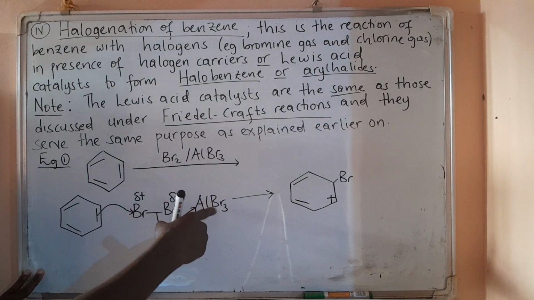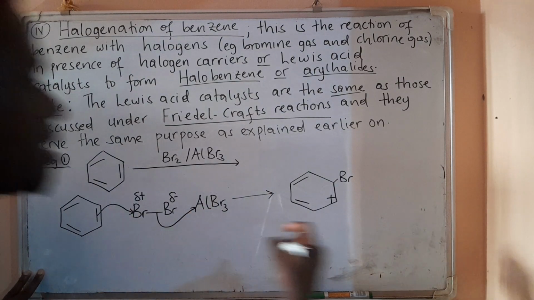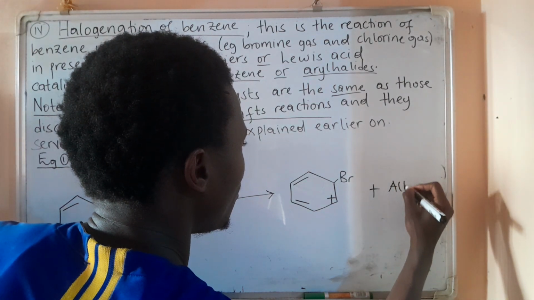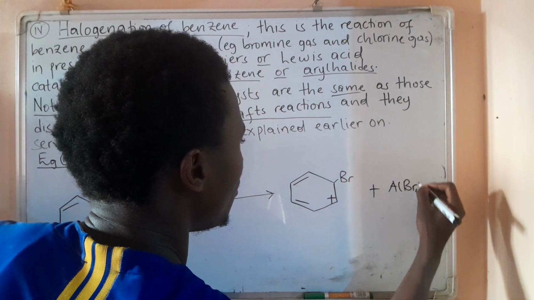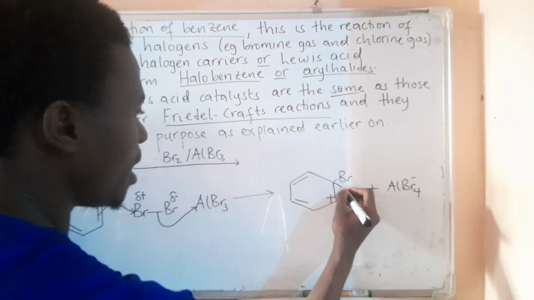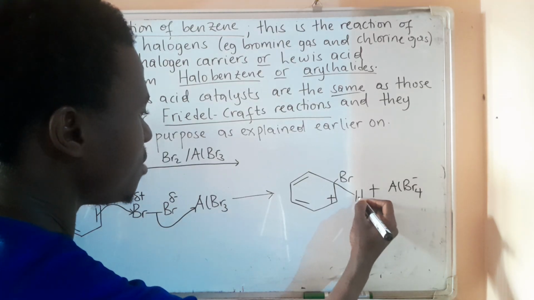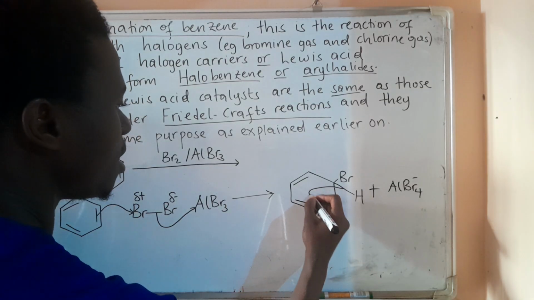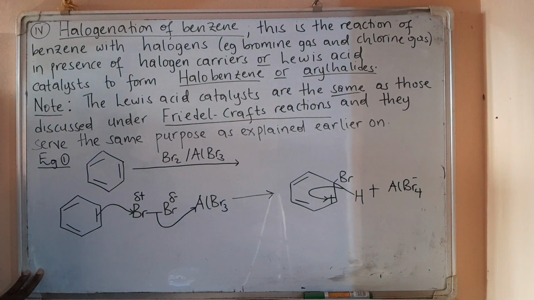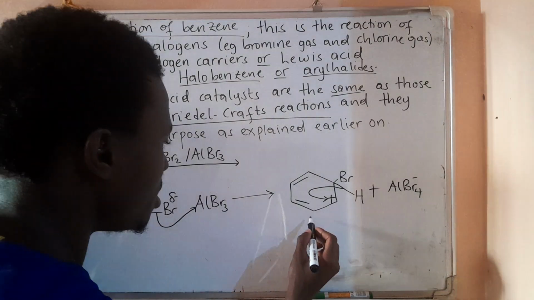Then this bromine and the Lewis acid catalyst will form AlBr4 minus. Then I can expose the hydrogen here so that it donates electrons to that electron deficient carbon.